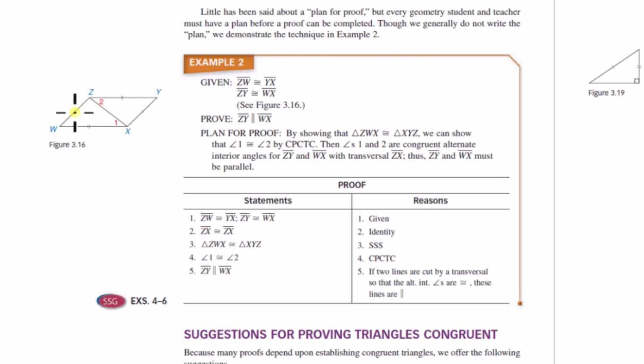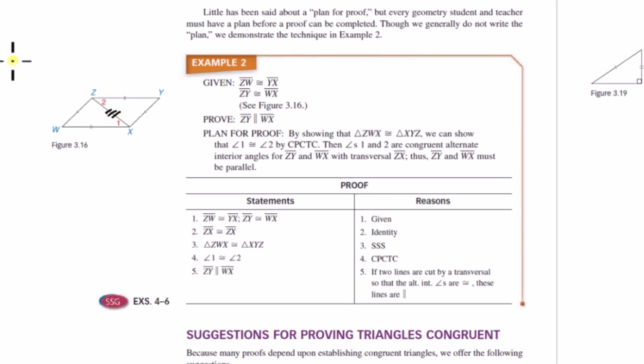So, we've got two sides that are congruent. Do we have some other information? Well, they share a side. So triangle ZWX and triangle XYZ share this side here. So now we have side, side, side congruent.